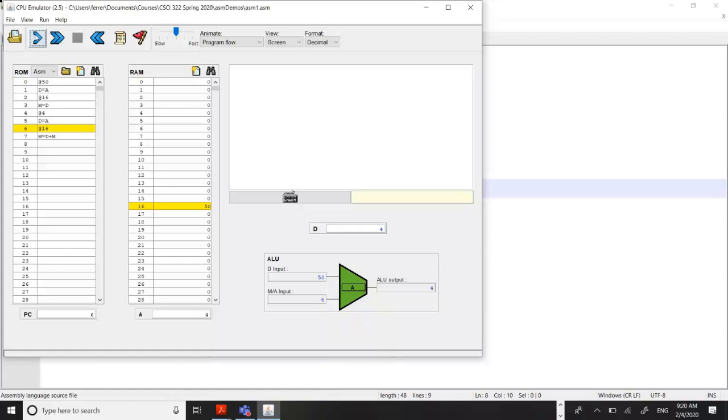And I store that in D. @16, my address register is now 16. And now the final instruction in this program, M equals D plus M. So what happens here? D is 4, M is 50, D plus M is the operation, it's 54, and it's stored back at that memory location, which is now 54.